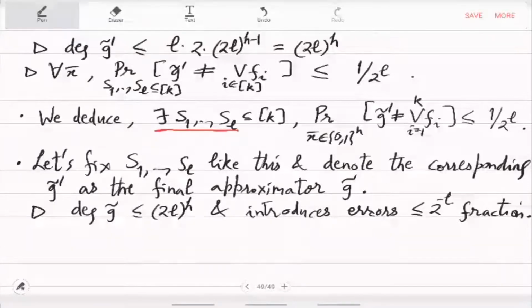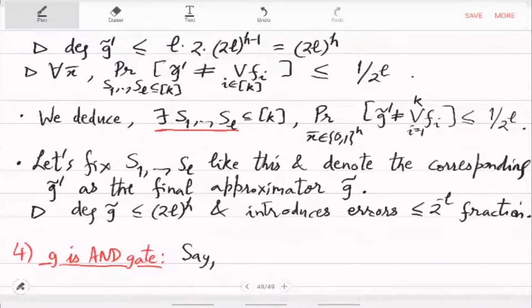Finally, let's go to AND. Say G is the AND of the Fi's. So you can apply not on this. So not of G is OR of not of Fi.